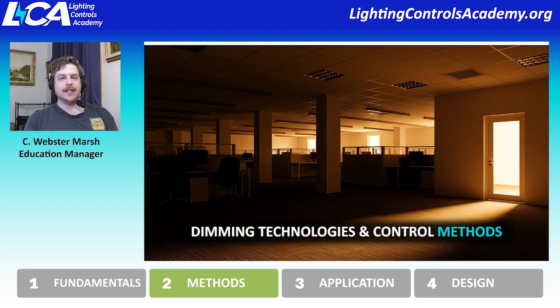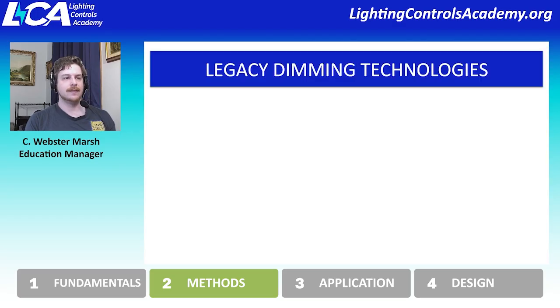So getting into the technologies and control methods of dimming, first I want to address legacy dimming technologies that are out there. For a long time, we have had a lot of other sources out there that we've been controlling via dimming, and we're no longer really seeing that being used anymore.